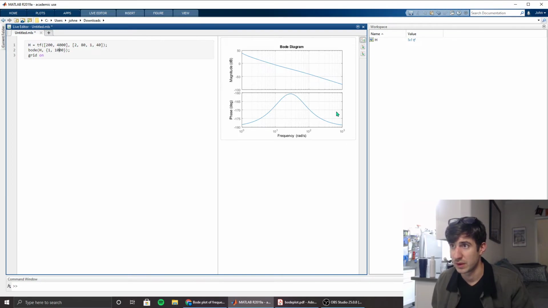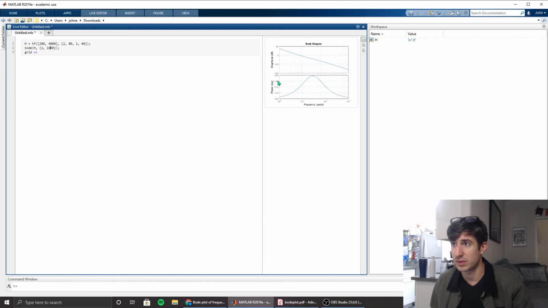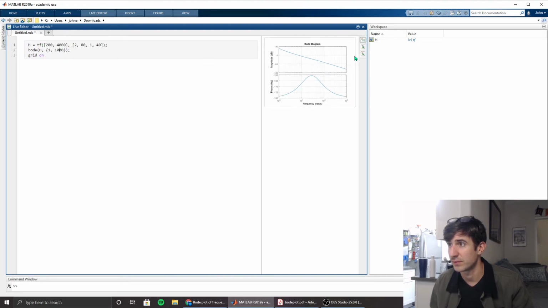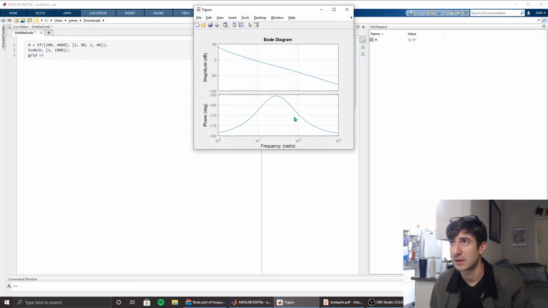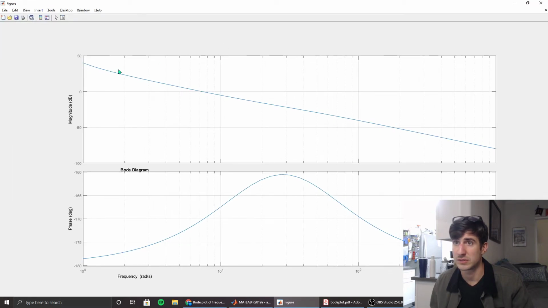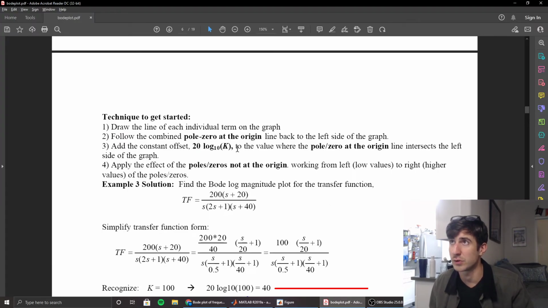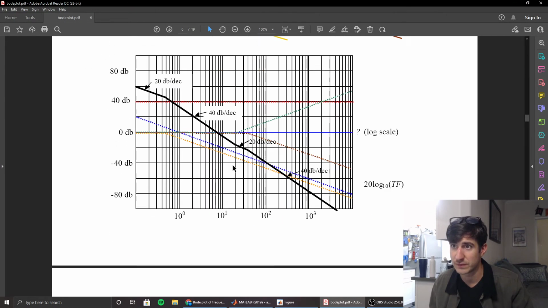And here we simply see it, and just as I suspected, they did make a mistake. Yeah, so you can see, this was what I wasn't sure of. It does start at a magnitude of 40, and that's the correct way of doing it. They made an error in here, which is why you should always be careful when you download things from the internet.